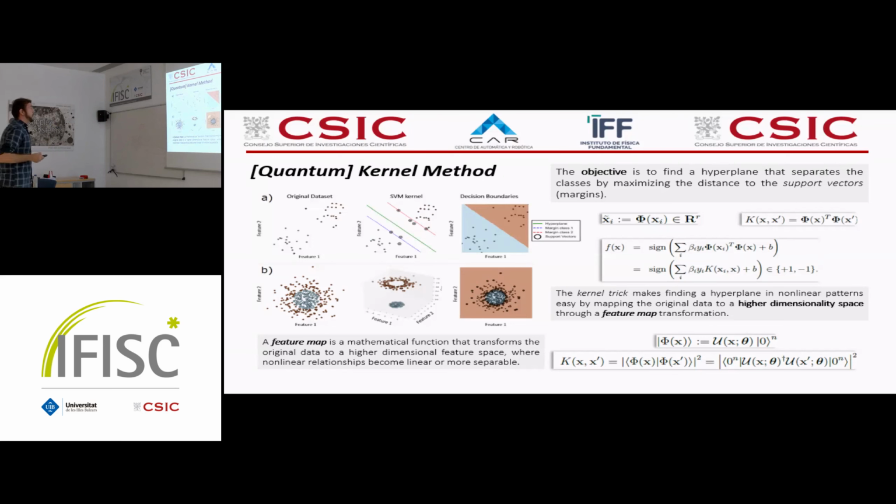This concept is exactly the same one that we are using in the quantum kernel method, but this function that we use in classical machine learning, we replace with a unitary in quantum machine learning like this. So we have a data encoding in which we embed the variables with some parameters, and then we are using this kernel equation.